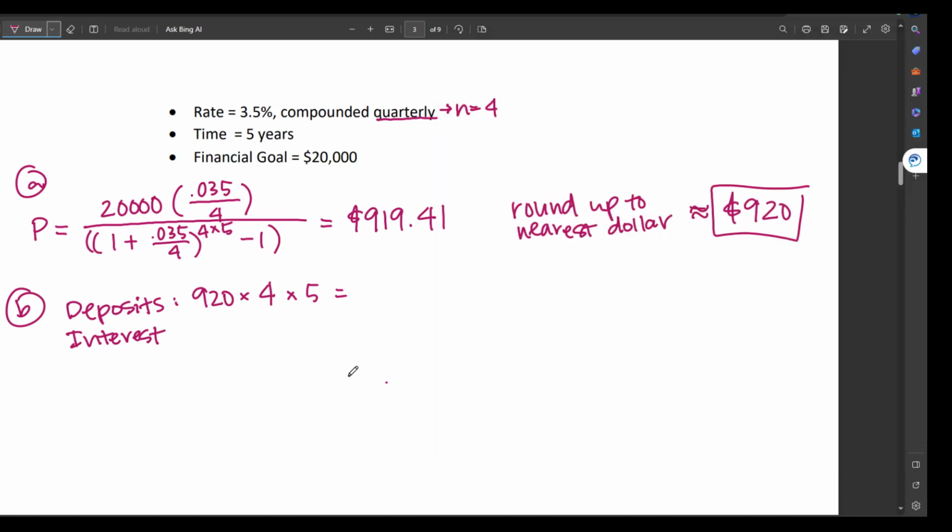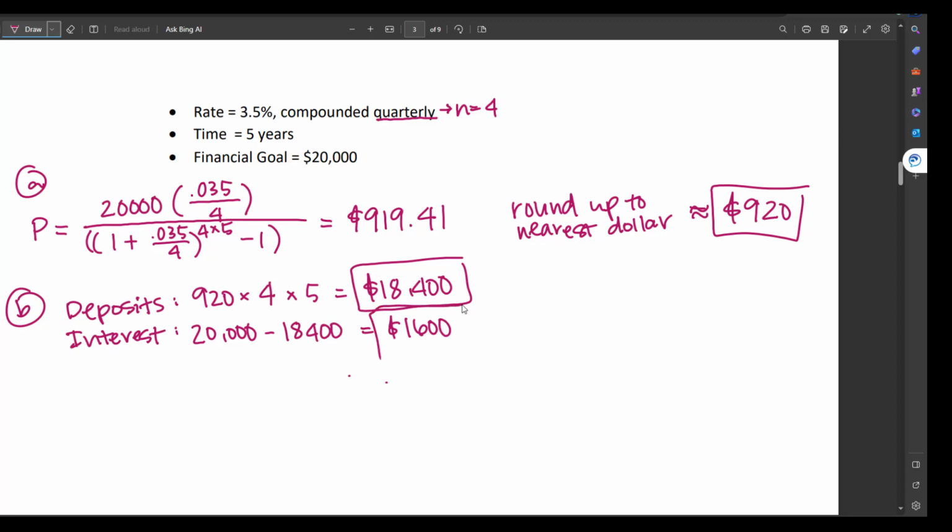We have put in $18,400 into that account. Interest, we take our future value amount, which is $20,000, and we subtract out our deposits, which is $18,400. Our interest is $1,600.